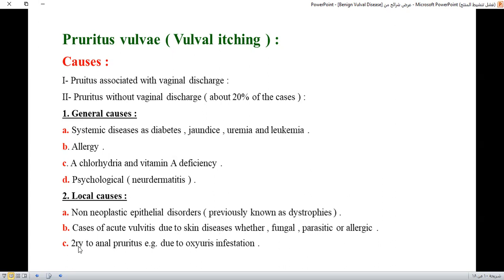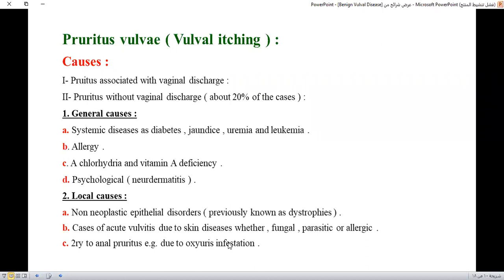And the last one, secondary to anal pruritus due to oxyuris infestation. We repeat: pruritus vulvae may be associated with vaginal discharge, or may be without vaginal discharge, only itching, and this accounts for 20%.